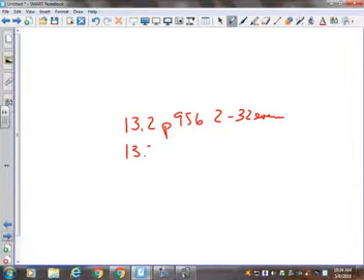And then on 13.3, which is one-sided limits, which is on page 963. It starts off with a graph that they're asking you to pull the answers off the graph.